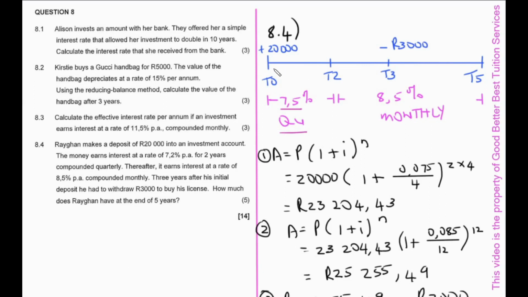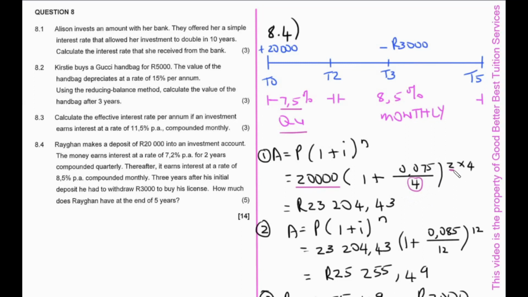So let's start with the initial investment of 20,000 that was in for 2 years at an interest rate of 7.5% compounded quarterly. So we have 20,000, and now we have 1 + 0.075, that's your interest rate divided by 100, and then divided by 4. Why divided by 4? Because it was compounded quarterly. How long was it in for?